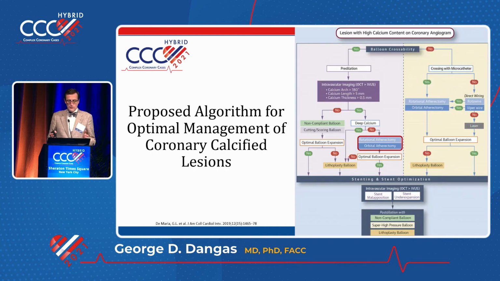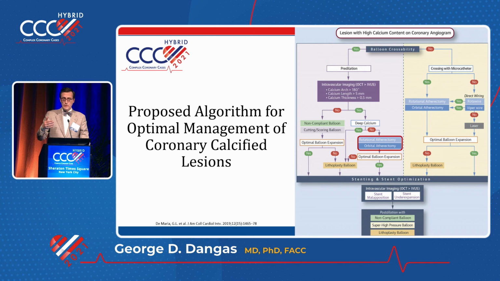This is an algorithm for optimal management of coronary calcific lesions from just two years ago. And again, there is a lot to be said here. Balloon crossability is a very quick practical aspect. Balloon goes or doesn't go, very easy. And if it goes, you predilate and perform imaging, and then you follow with a very good predilation with a non-compliant balloon or a cutting or scoring balloon, and you demonstrate optimal balloon expansion.